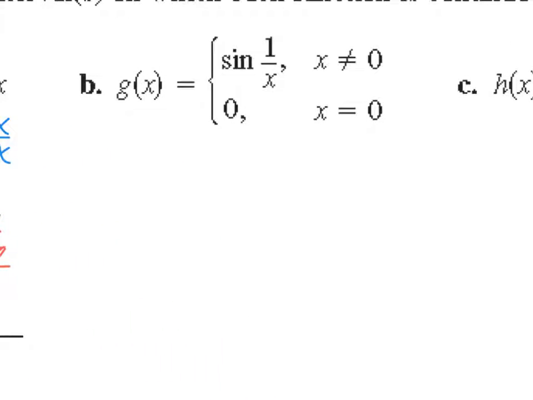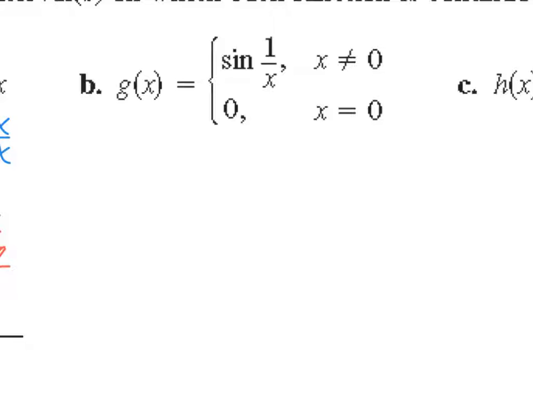All right, so for B, we're looking at something kind of funny. You have the sine of 1 over x, which is definitely undefined when x is equal to 0. You don't have to do any algebra for that. But they're excluding it here. So that's wonderful. They're filling in the origin in the second piece of the piecewise function.